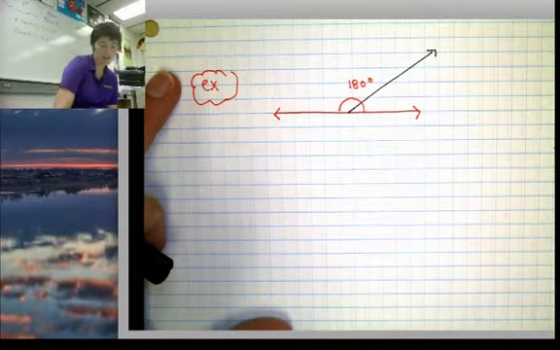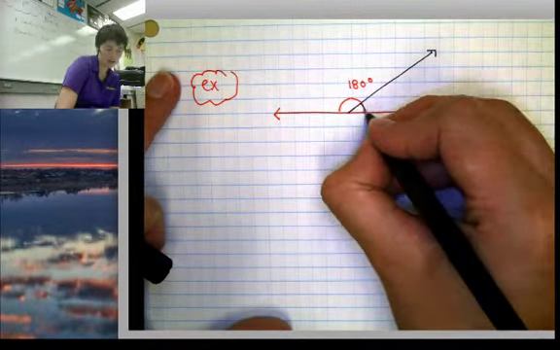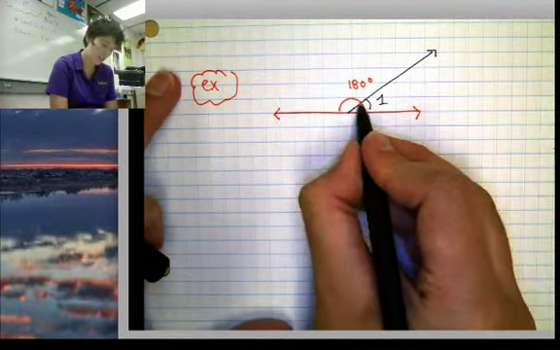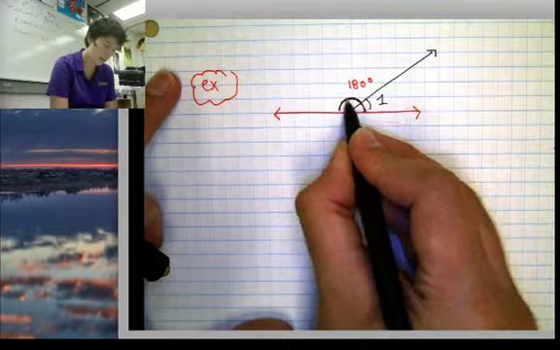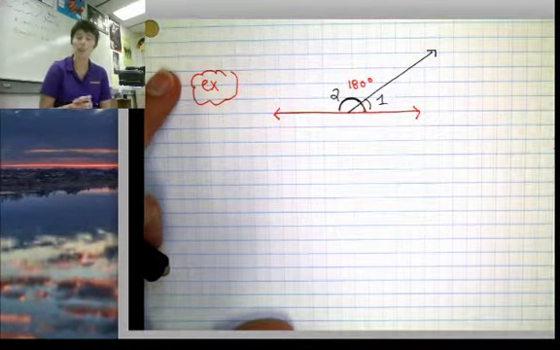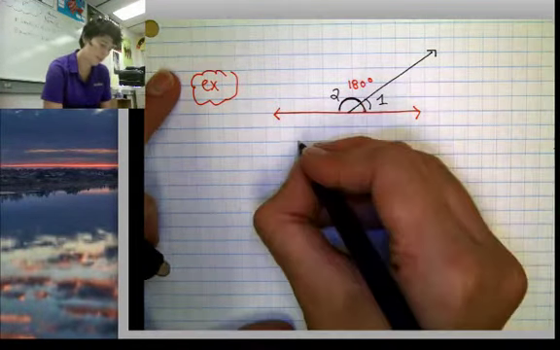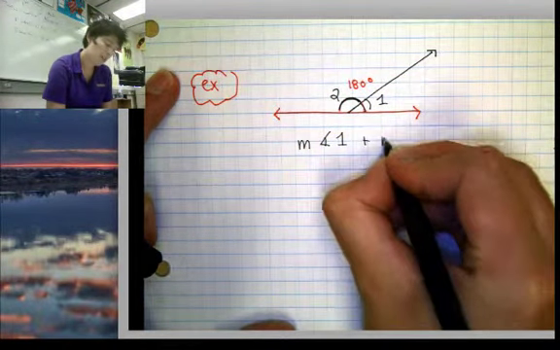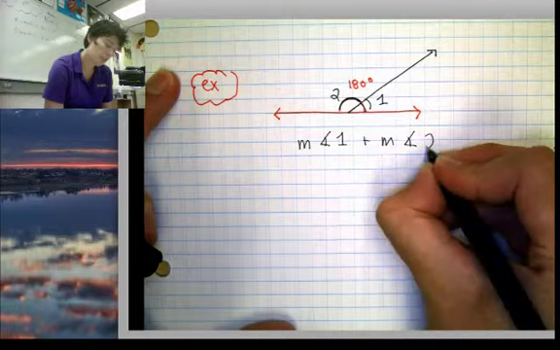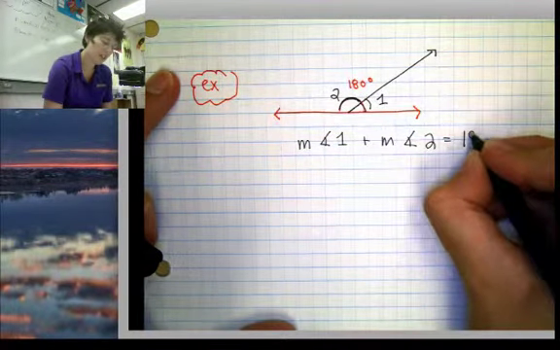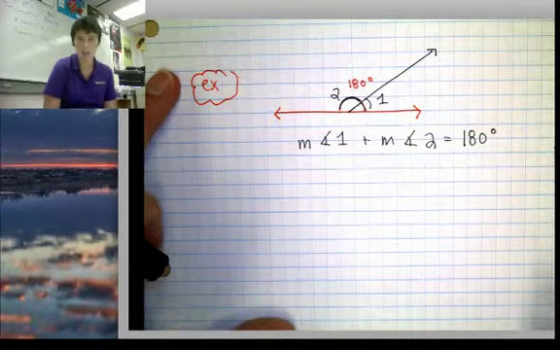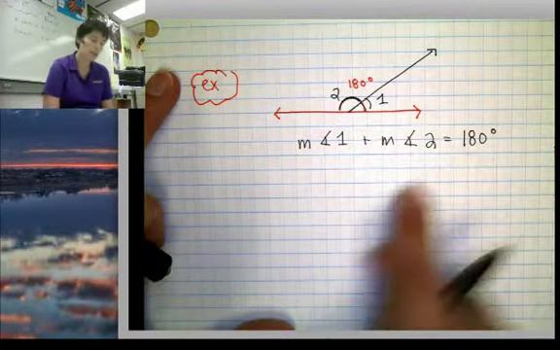So now I've got an angle over here, which I'll call angle 1, and this angle on the other side, which I'll call angle 2. And again, the measure of angle 1 plus the measure of angle 2 adds up to 180 degrees. It's like the 90-degree angle I split up a second ago. Now I'm splitting up 180.